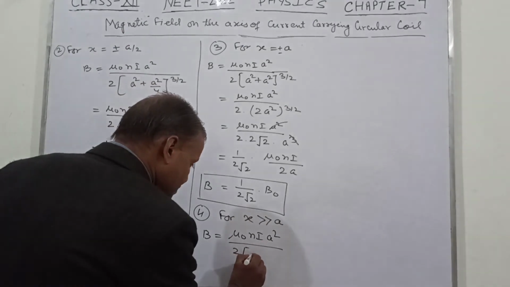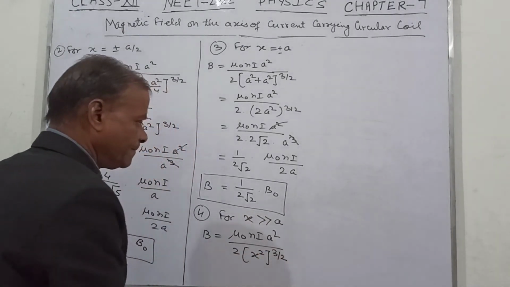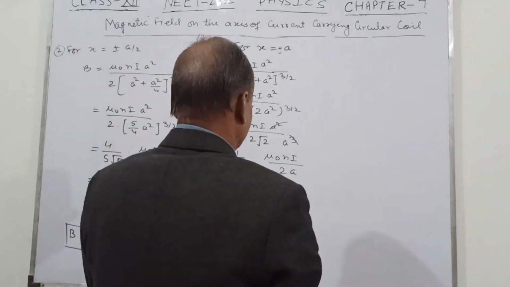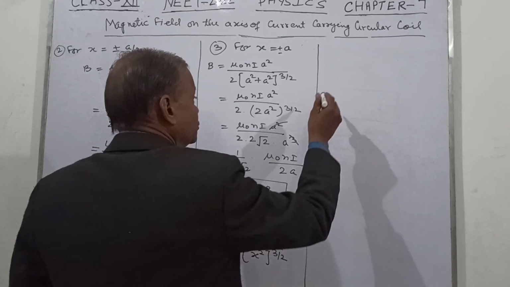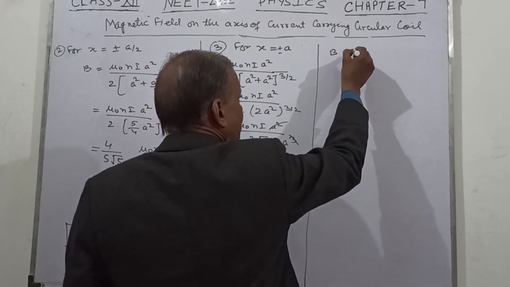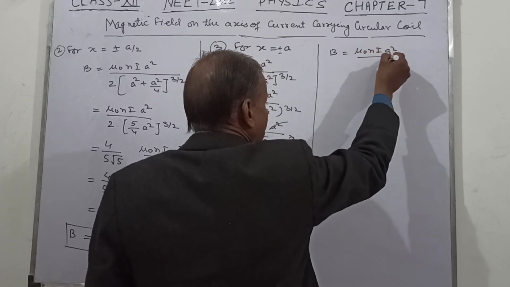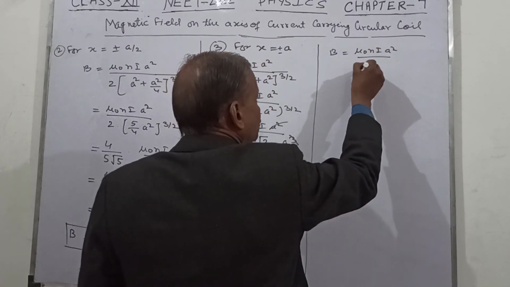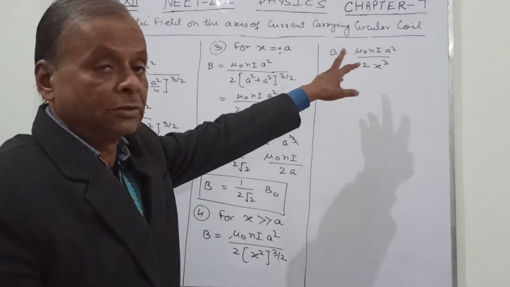So we have only x square raised to power 3 by 2. So B equal to mu naught n I a square upon 2x cube.